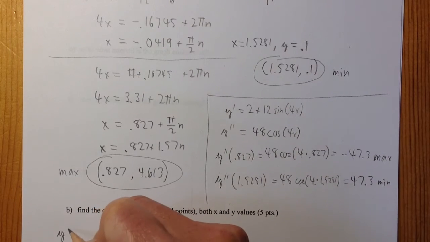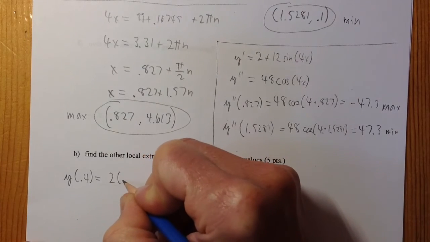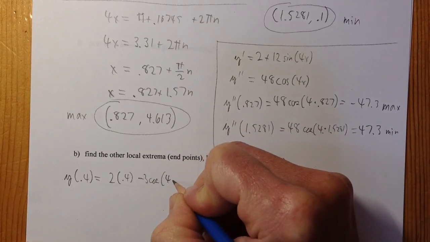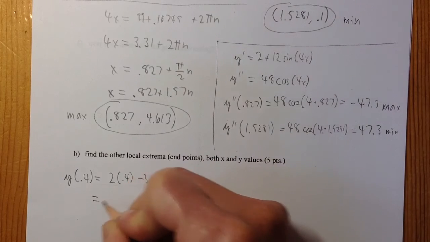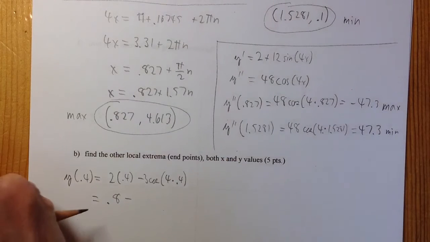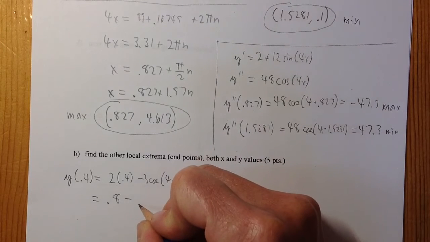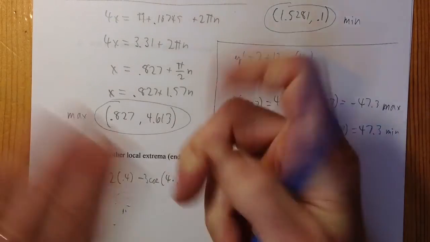So y at 0.4 is 2 times 0.4 minus 3 cosine of 4 times 0.4. Make sure your calculator's in radians. That's obviously 0.8 minus 3 cosine of 4 times 0.4. I did the whole thing in my calculator and I get 0.71.